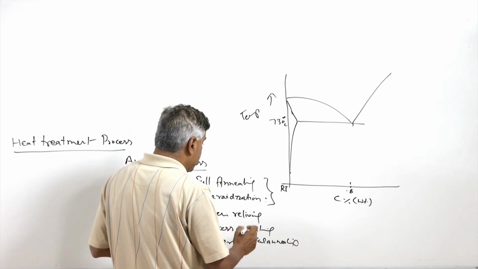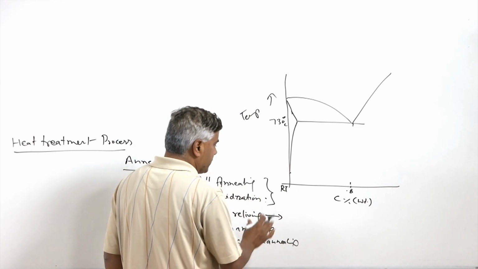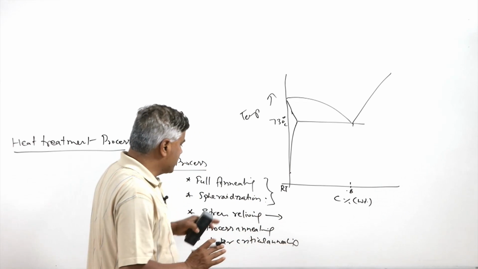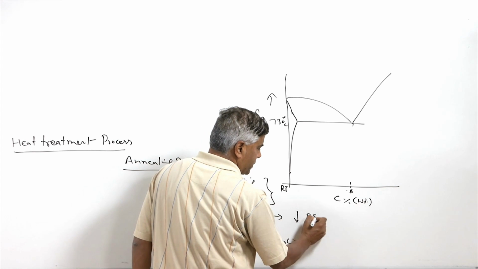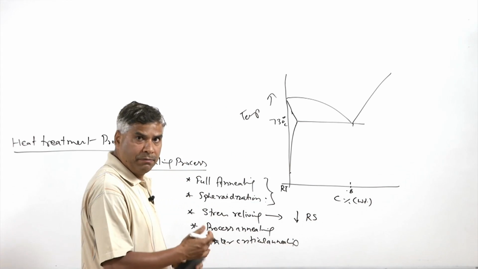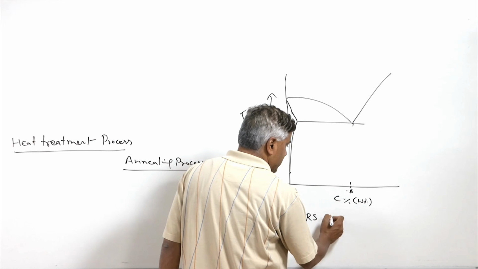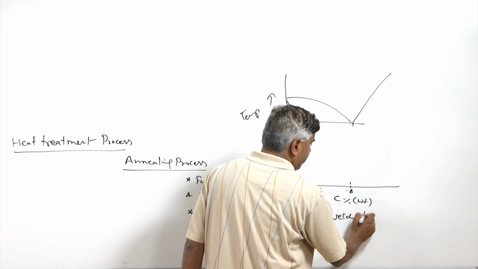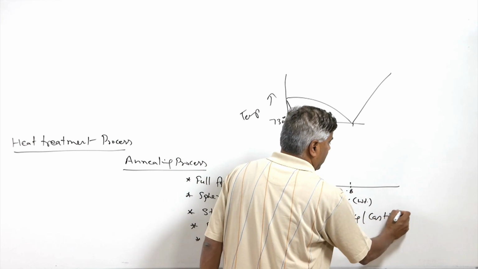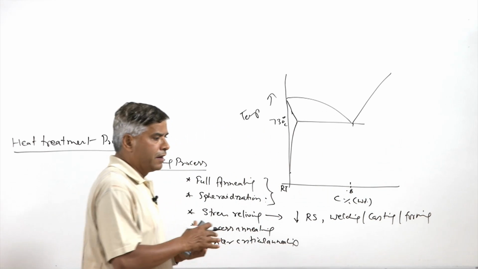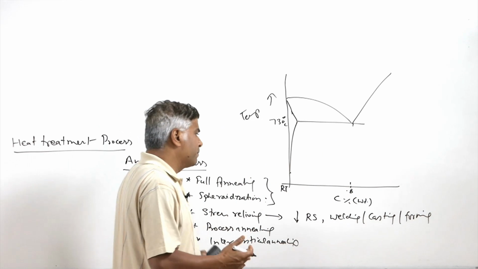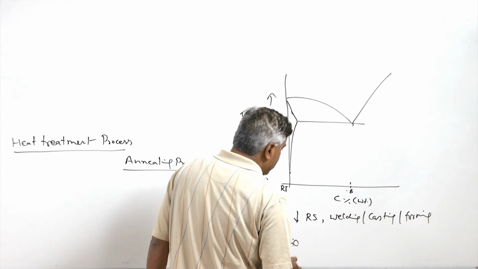The purpose of the stress relieving annealing treatment is to lower the residual stresses if they have been developed in the course of manufacturing processes like welding, casting, and forming. Even very abusive or rough machining can also induce residual stresses.